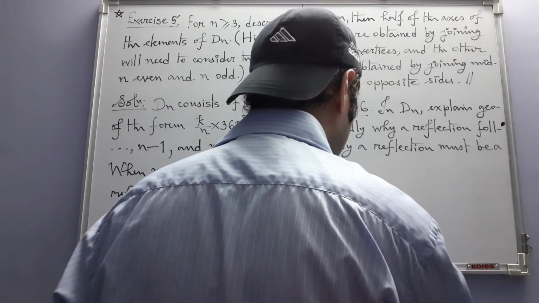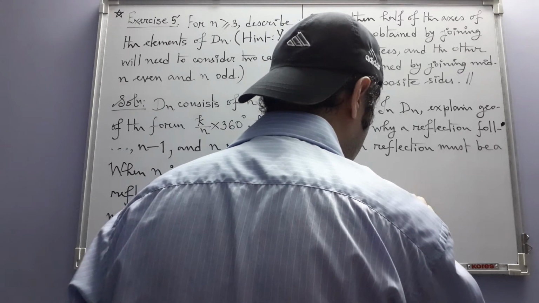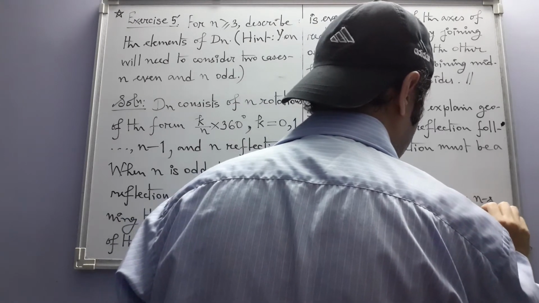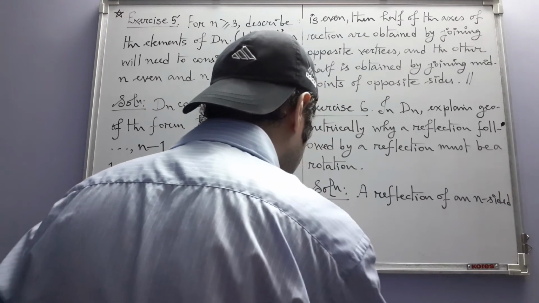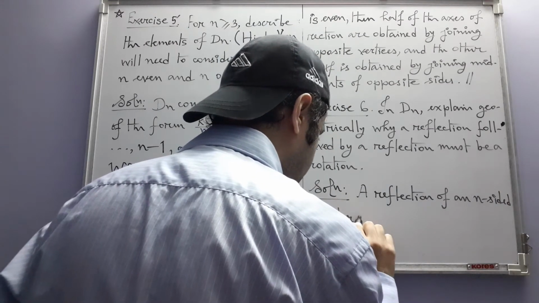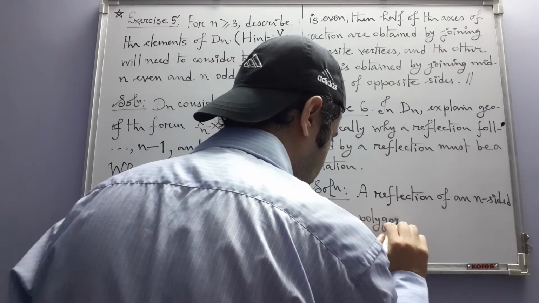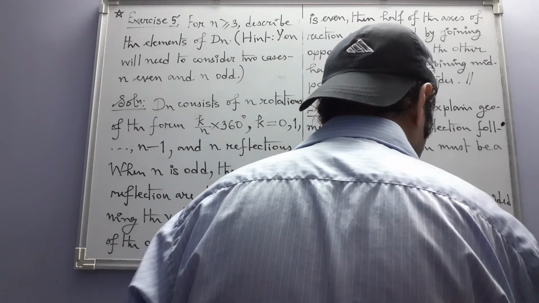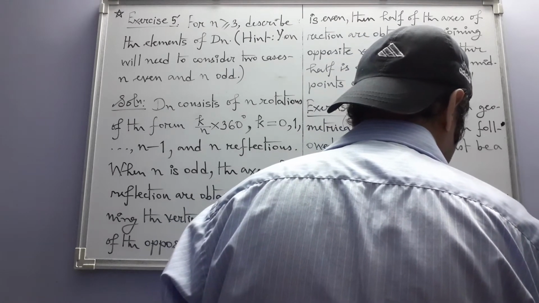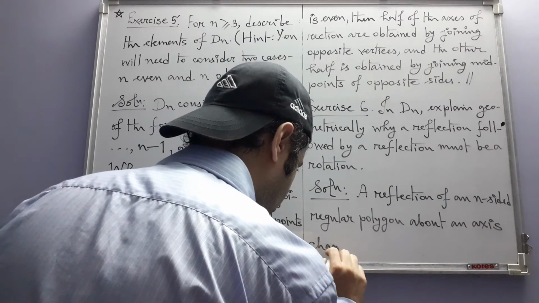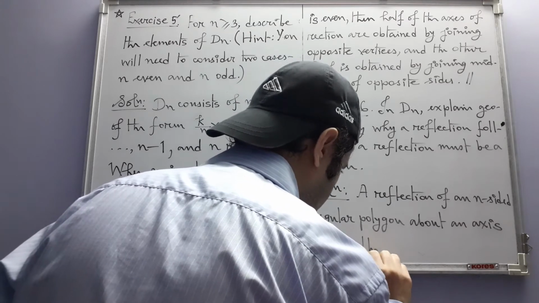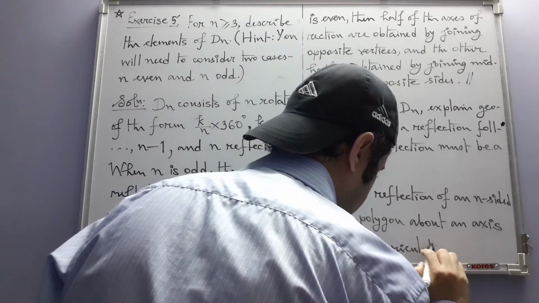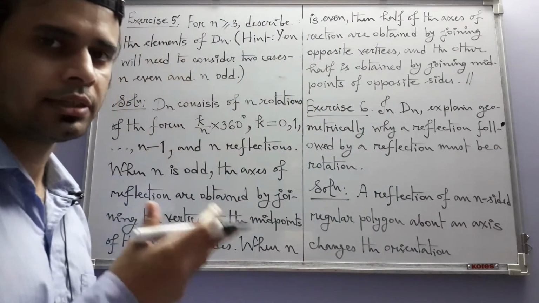A reflection of an n-sided regular polygon about an axis changes the orientation of the vertices, or the orientation of the figure itself.